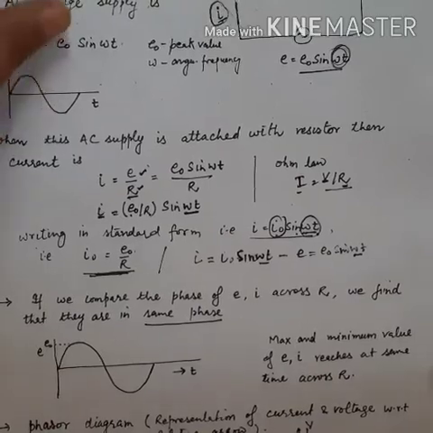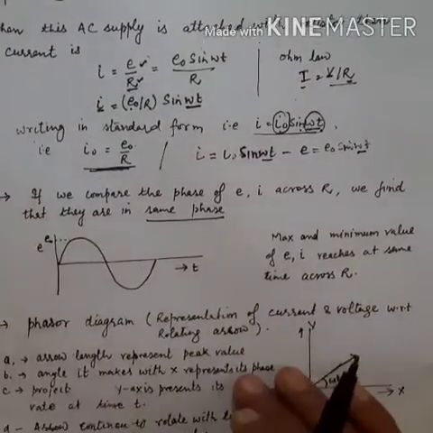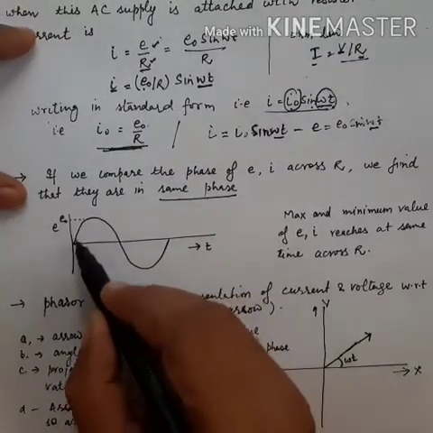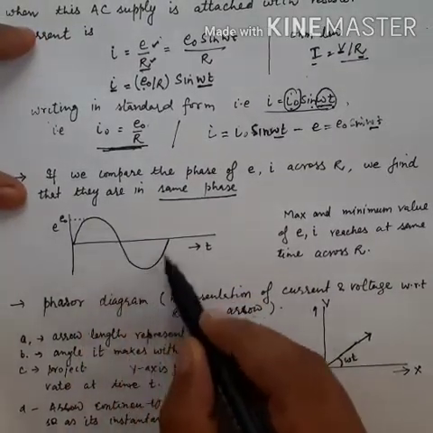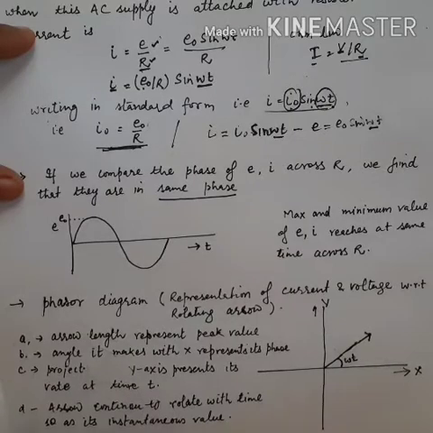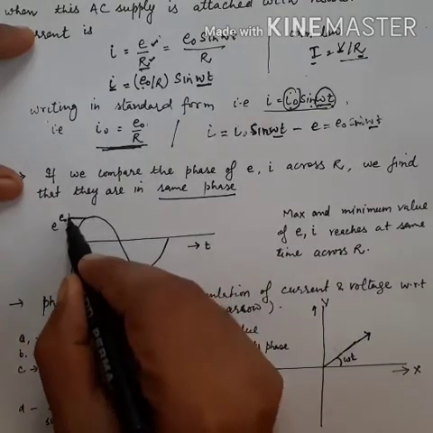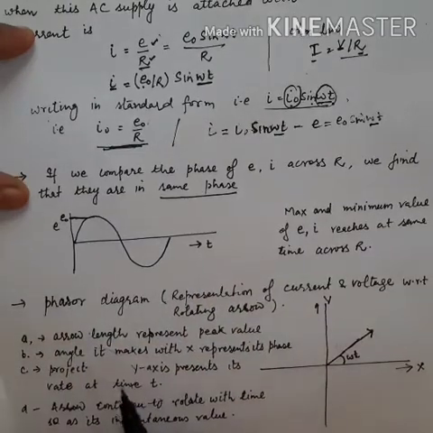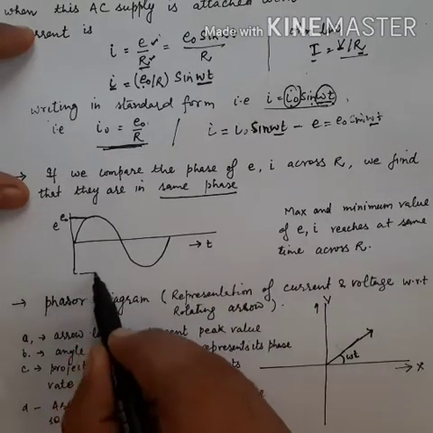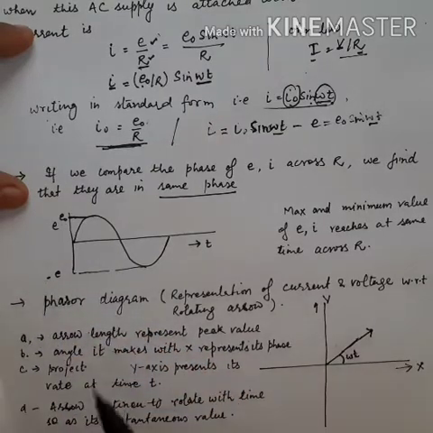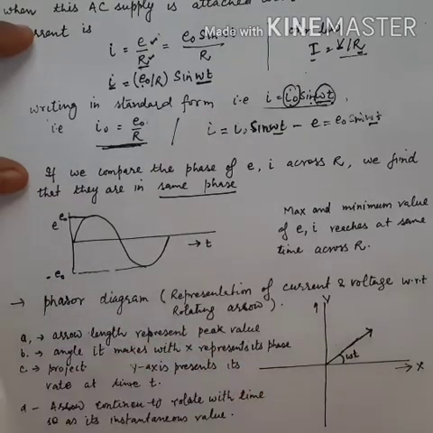To see it, you can see this graph. If this is your alternating voltage, the maximum value is represented by this peak value, and this is again the peak value but with a negative sign, which I represent by E naught.